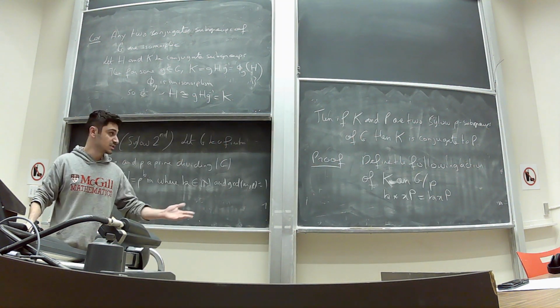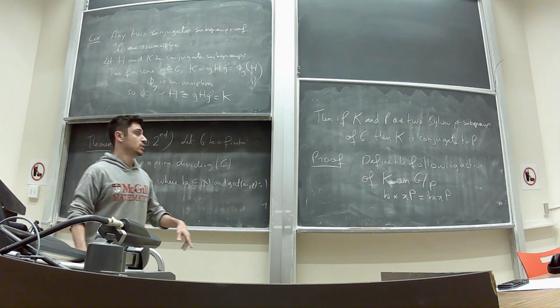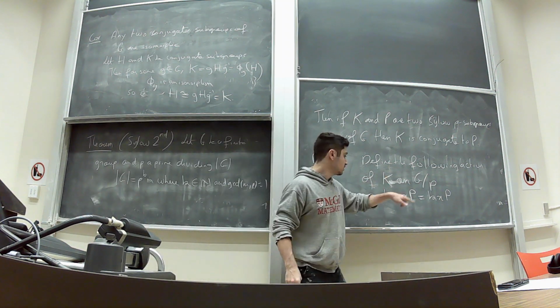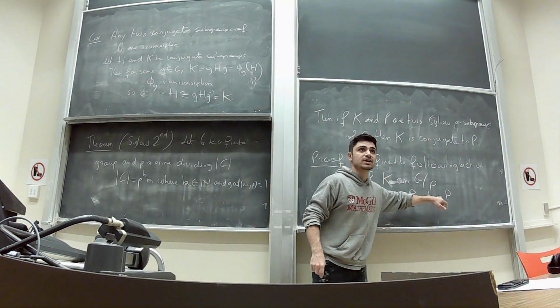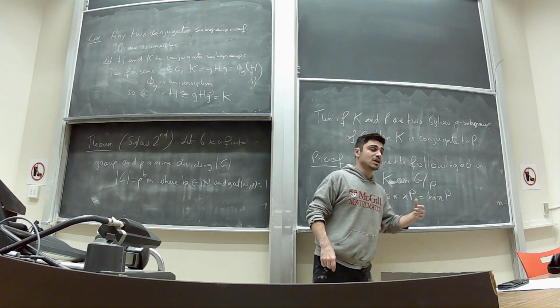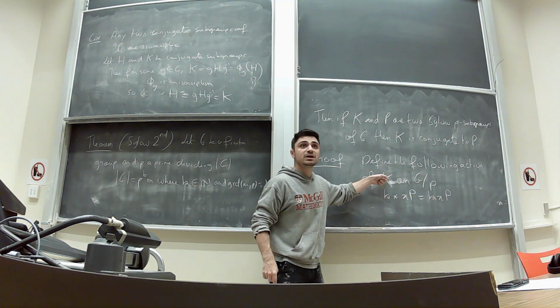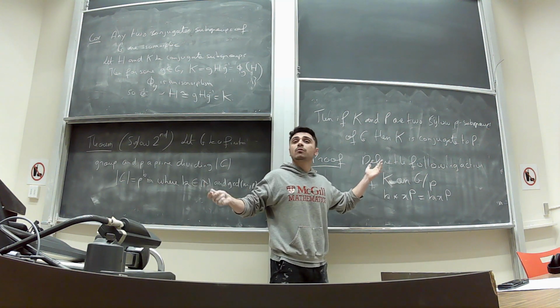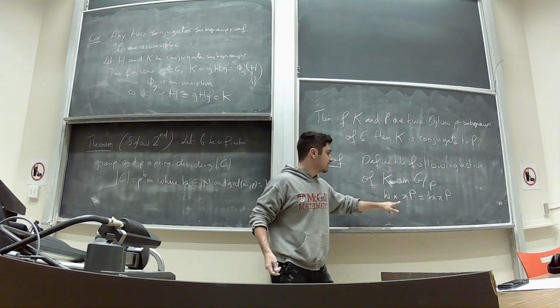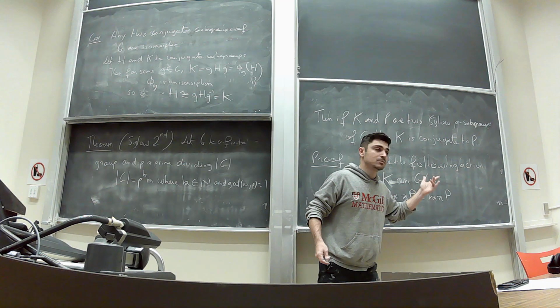This is the action. Usually I let G act on G mod P: g star xP is gxP. Now I can restrict my elements to being K. There's nothing wrong with that, is there? This is well defined, I mean, this is a product in G.